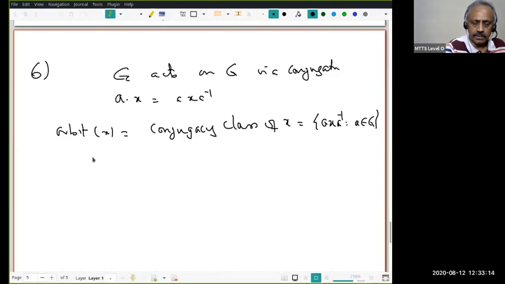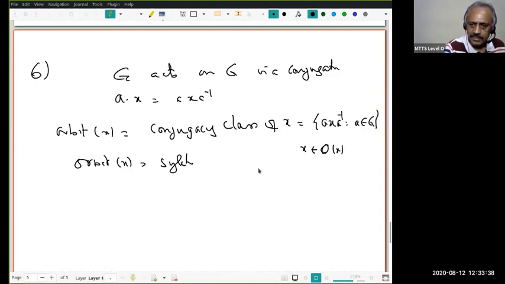Right. Now I want to understand, when is this orbit a singleton? We had already seen that, just to be sure. Remember, in any orbit, X must be there. Why? Because when I take A equal to identity, it will be there.